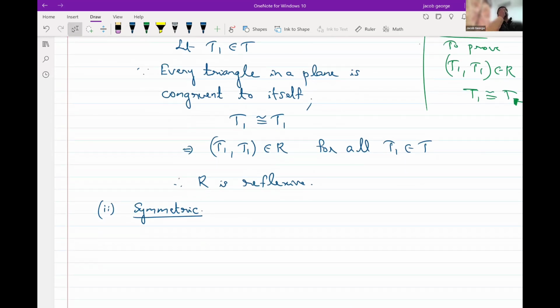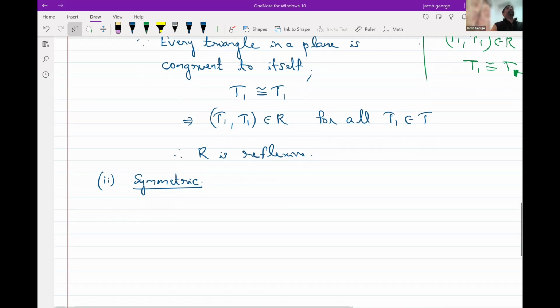For symmetric, how many elements to be taken? Can you check the symmetric definition? Two elements, correct. Because we assume (x, y) element of R, then what do you have to prove for symmetric? (y, x), it's reverse. We pick 2 elements.